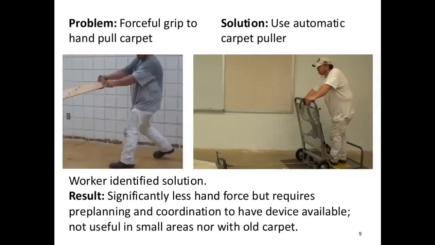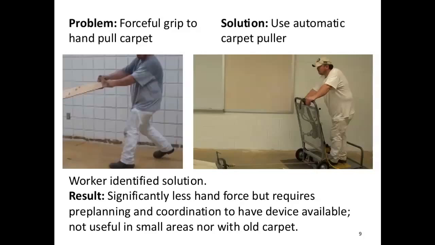This is another example of a worker who must pull up old carpet from the floor. In the left picture, he's forcefully gripping the carpet and pulling with his hands manually and absorbing all of the stress of the task. On the right side, he's using an automatic carpet puller that basically has a machine that is pulling the carpet for him.